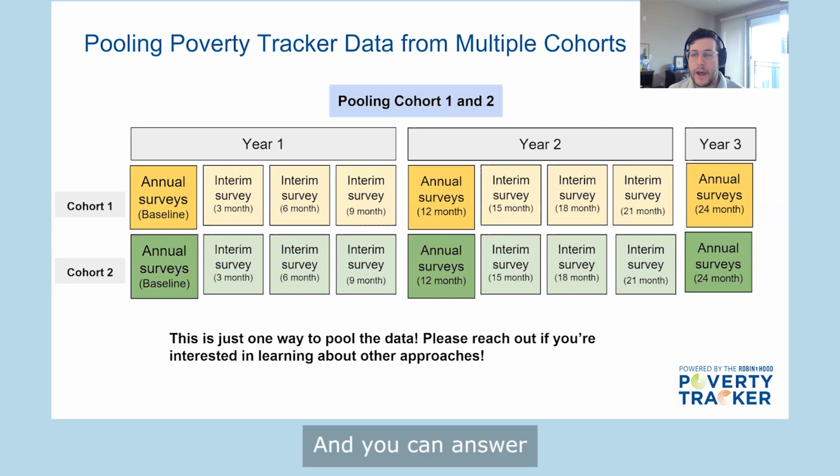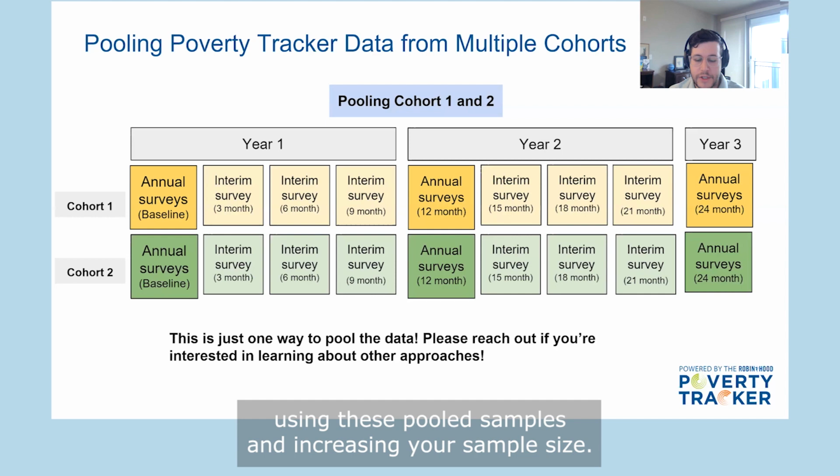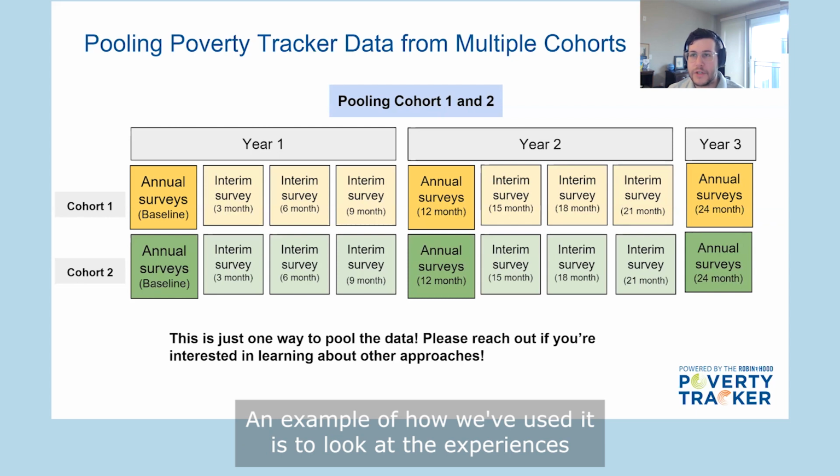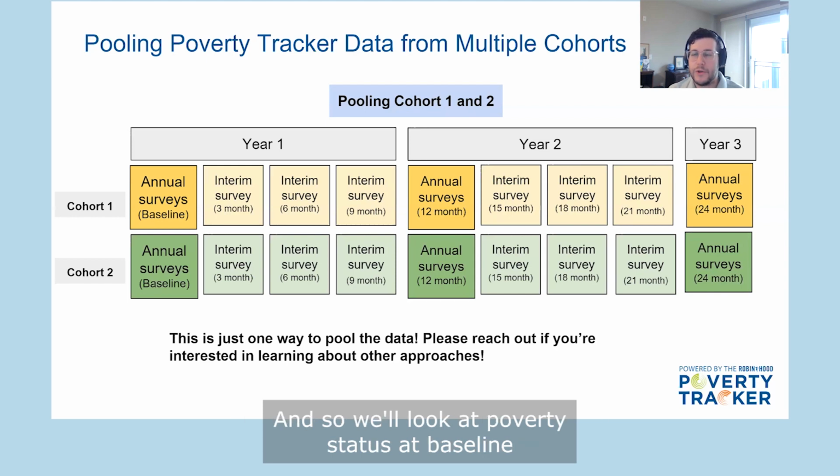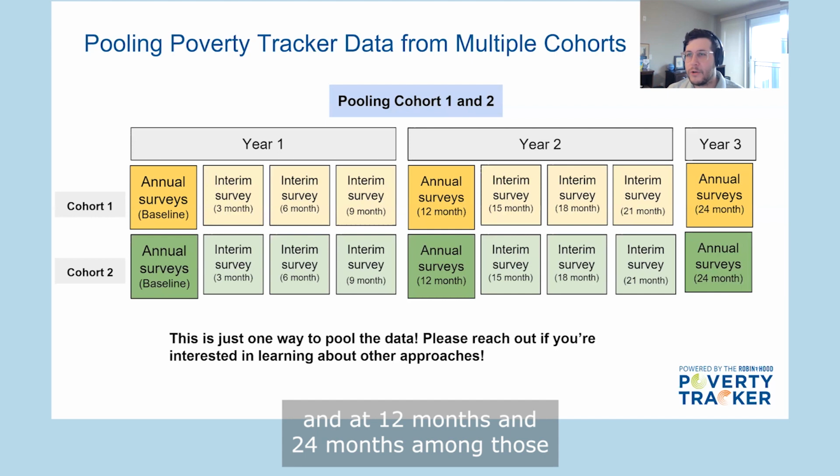You can answer a research question using these pooled samples and increasing your sample size. An example of how we've used this is to look at the experiences of shocks and how they're related to entrances into poverty. We'll look at poverty status at baseline, at the 12-month, and at the 24-month.